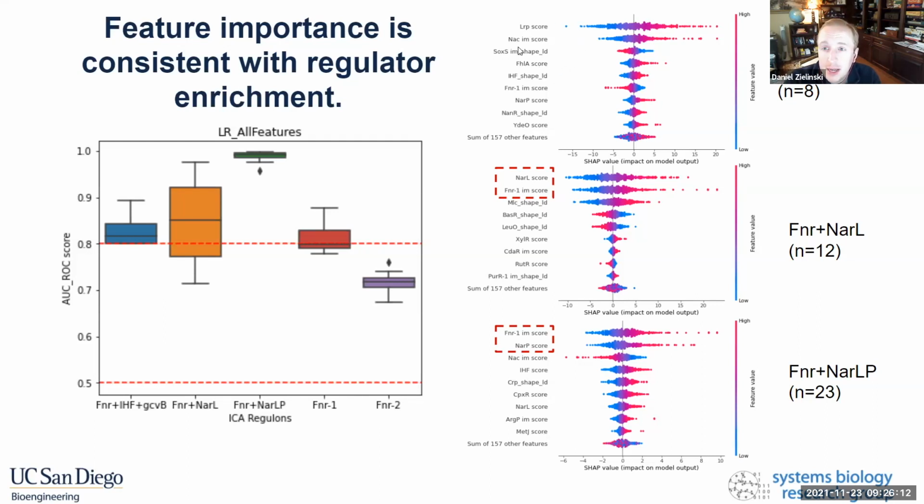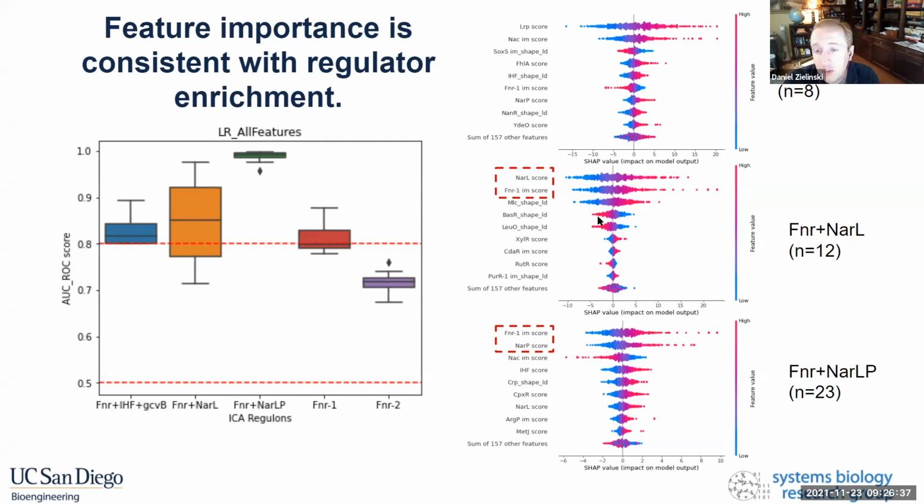But surprisingly, LRP showed up as a very major influencer on this iModulon, which would suggest that this is potentially not just about this regulator, but has to do with LRP. And we looked at a Venn diagram, and LRP has a lot of overlap with this iModulon as well. And so it could be a case where this should be classified as LRP related.